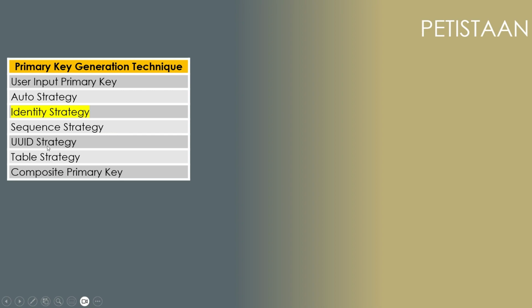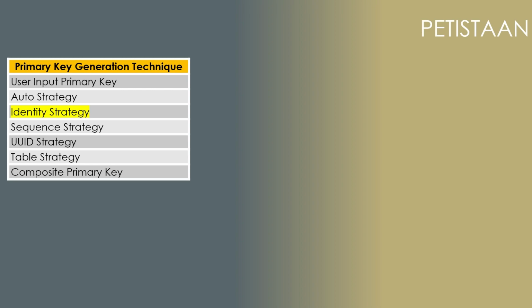Then we discussed the UUID strategy and the composite primary key. You can watch those videos easily with the help of our Hibernate playlist. And then there is the table strategy also, which we haven't discussed so far, but when we cover one of the inheritance types, we will discuss the table strategy.